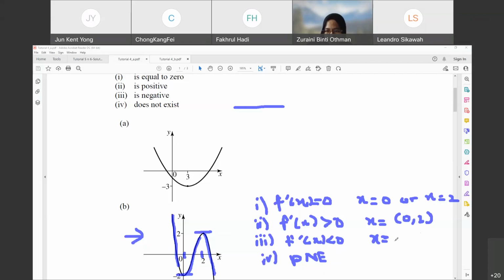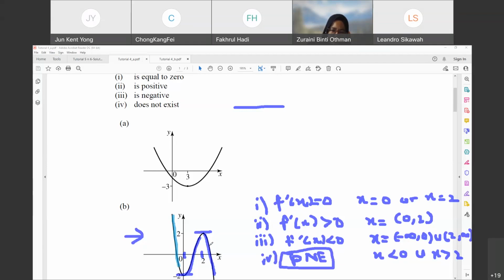So, sama ada kamu nak tulis macam Leandro cakap tadi, which is X is less than 0, or X greater than 2, or we put it as negative infinity until 0, union 2 until infinity, right? Like that. Okay.